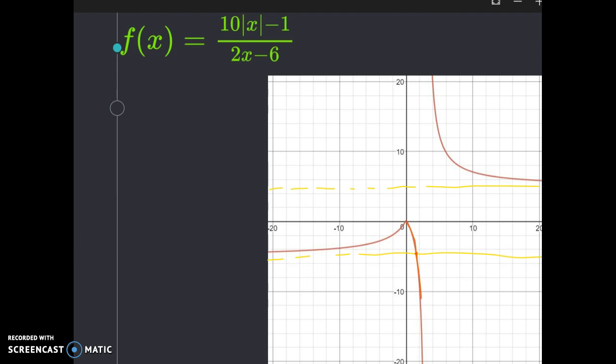That may or may not surprise you depending on what your teachers in the past have told you about asymptotes, but it is okay for a function to cross an asymptote. That's not a violation of any rule. And then there looks to be a vertical asymptote right around here. So just looking at the graph, I do see that it has two horizontal asymptotes and a vertical asymptote.